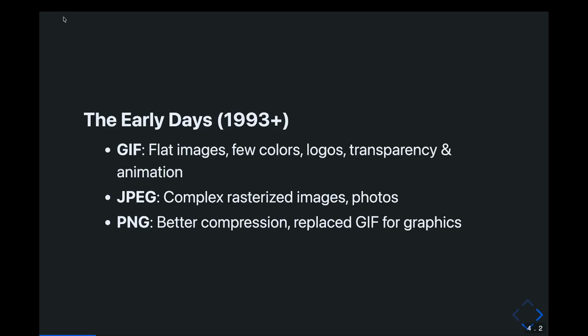I personally think it's GIF, but if you say JIT, it sounds a little weird. All that to say, we had GIF and JPEG as those two main formats, and GIF is for flat images, a few colors, logos, transparency, maybe if you want to do animation, Giphy.com back in the day. JPEG is when you have complex rasterized images, so lots and lots of colors being spread over things, gradients, shadows, all that kind of fun stuff.